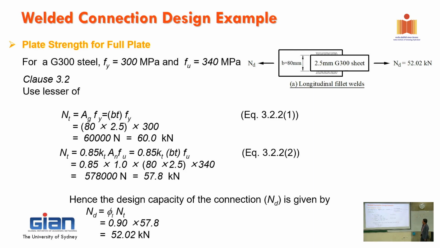So we pick the smaller one, and then we times with phi factor 0.5, and this is the capacity of the plate in tension, the design one. So 52.02. Anyone good?